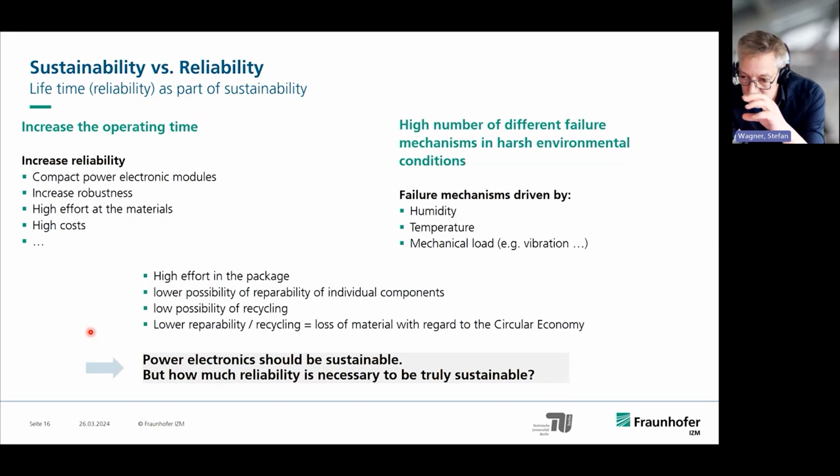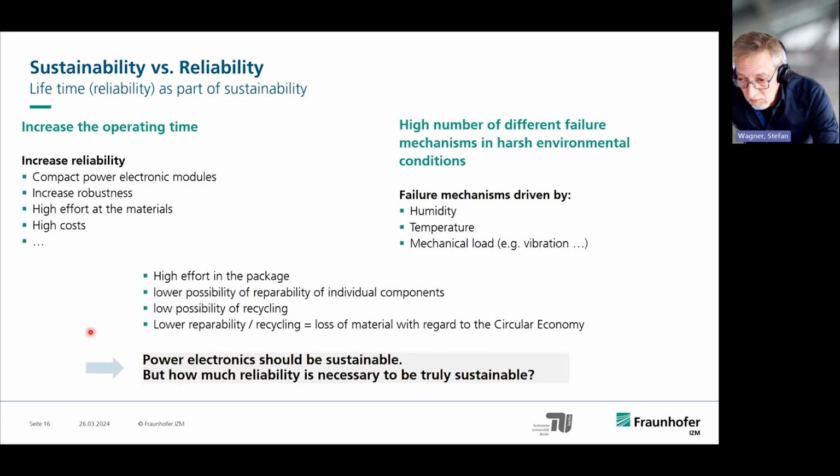If you want to have more compact and smaller modules, your diffusion paths for humidity decrease, and you don't need so much material, but on the other side, it's a problem with the robustness on the humidity side.